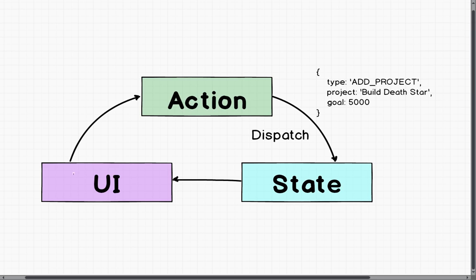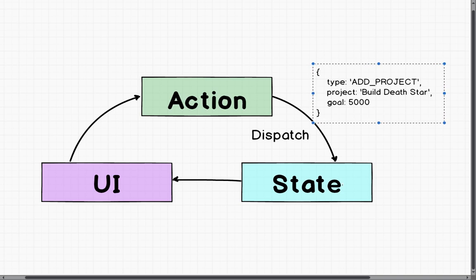The handler is going to emit this action. So we're going to get this action here, and it's going to be this object here. So it's going to have the type of action, and in our case, it's going to have some extra data, the project, the title, and the goal. And that action is dispatched to our state.